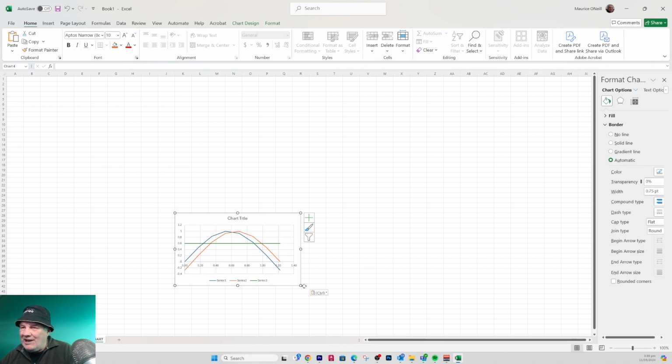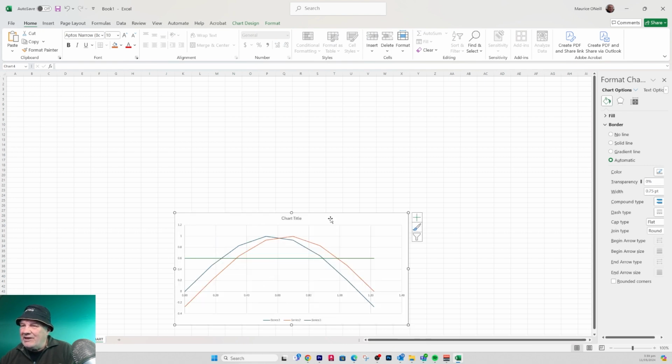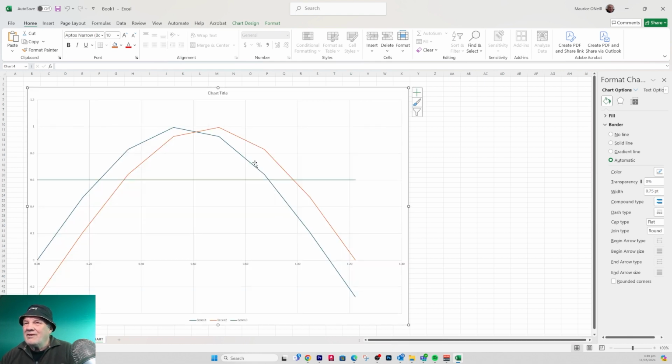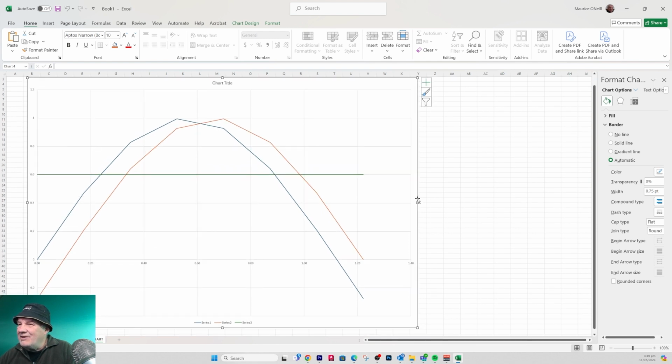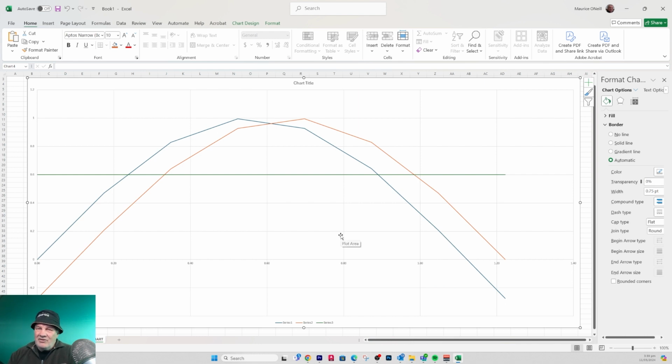We've pasted the chart here, and now we can make it really big, nice and big, like that there, and really analyze it.